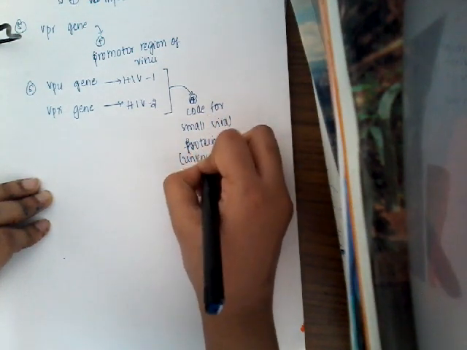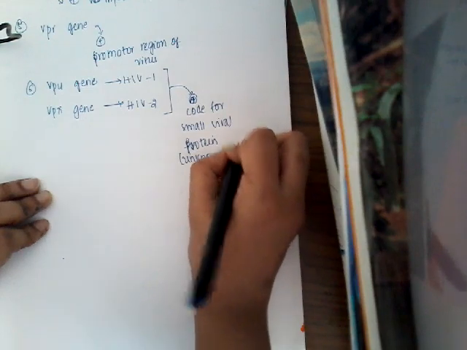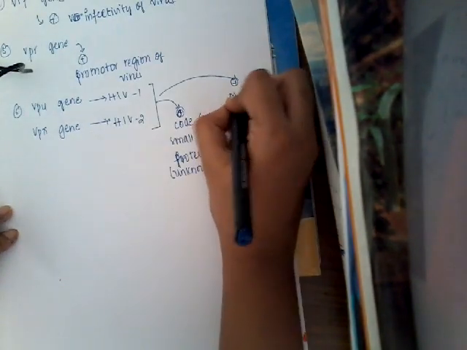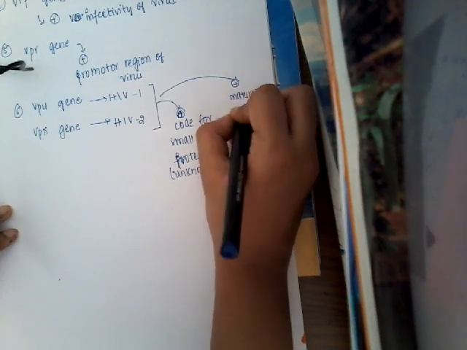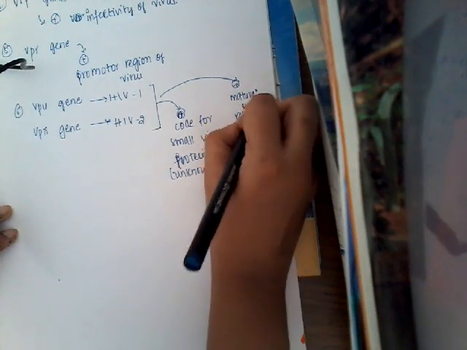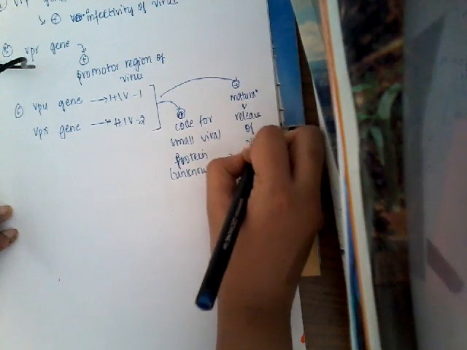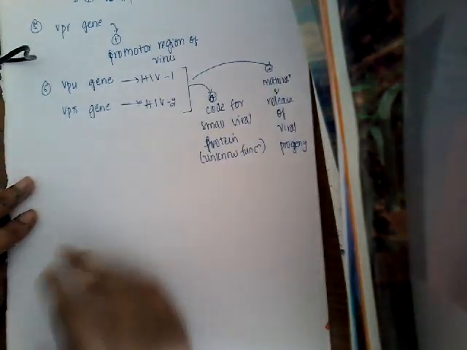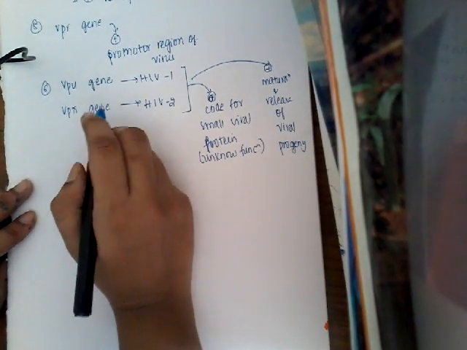They also activate maturation and release of viral progeny. So these are the two types of genes, Vpu and Vpx.